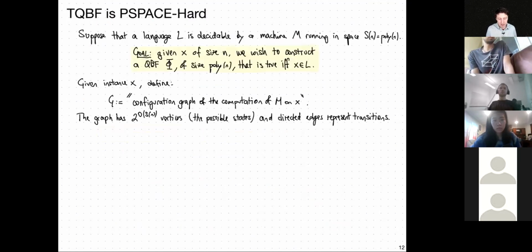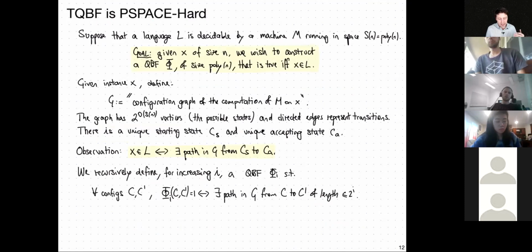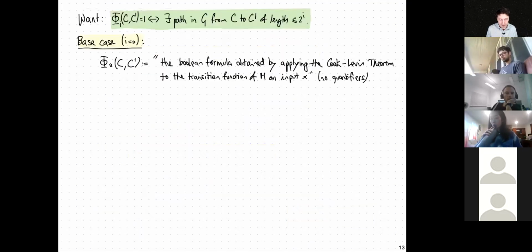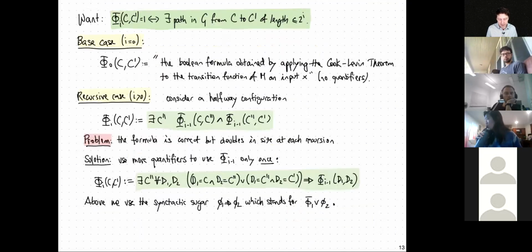At a very high level, you start from a machine and you encode the machine's computation into a QBF. And there's a very nifty thing happening on why alternation comes up. So you see that in the proof of PSPACE hardness, you must use alternation, which you would expect, right? You wouldn't expect to only use existential quantifiers or universal quantifiers. Anyways, these things are part of the slides that I'll post.